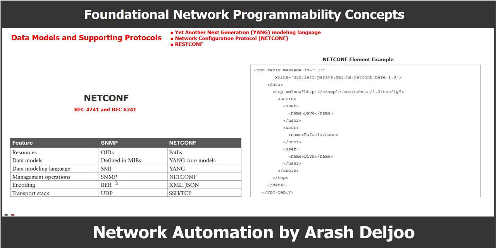Management operations are available in both SNMP and NETCONF. For encoding, in SNMP we use BER, and in NETCONF we use XML and also JSON. The transport stack in SNMP is UDP, and in NETCONF it is SSH and TCP. Don't worry about some of the detail, as it is beyond the scope of this video.